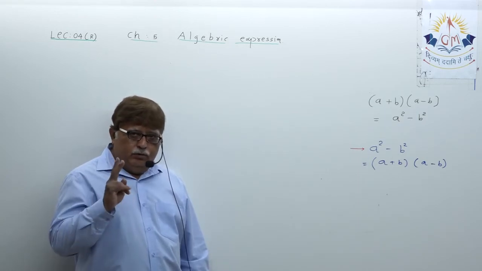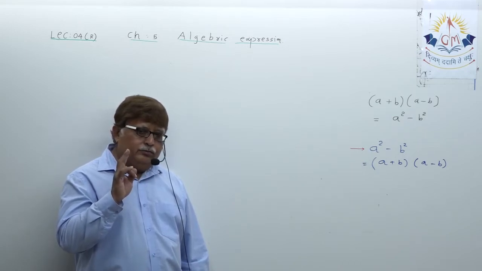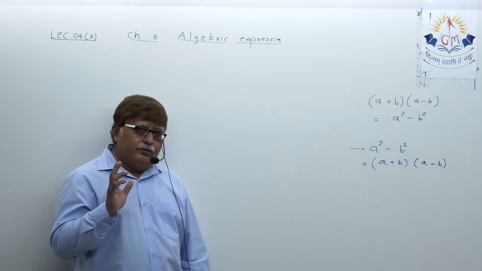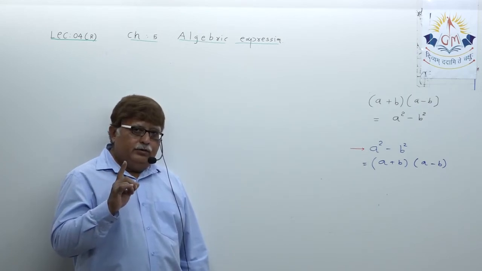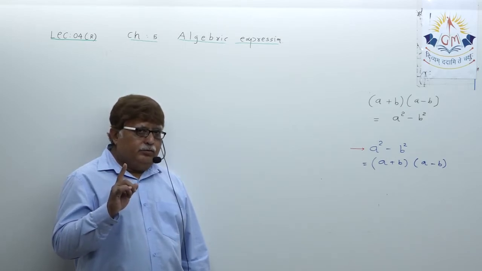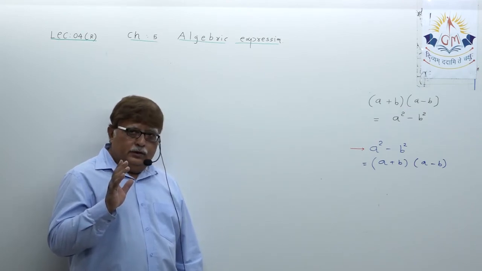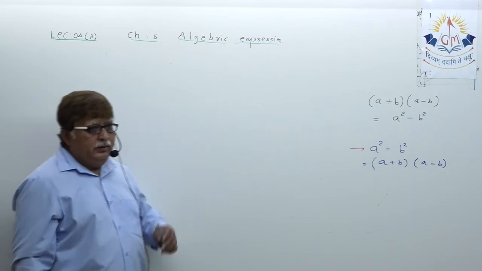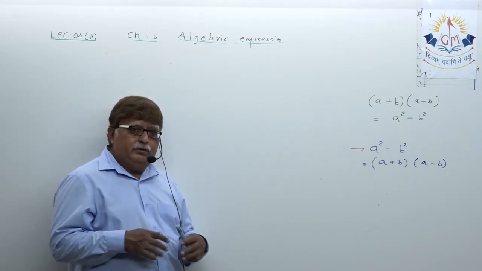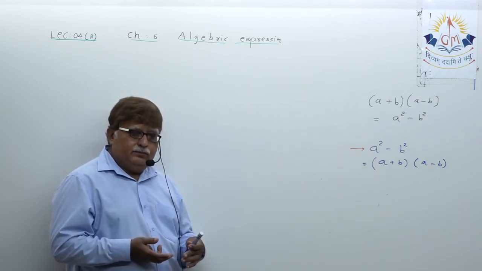Clue point, please keep in mind: two terms, both are perfect squares. Between these two terms there must be a negative sign. I haven't given any SLP here because it's a simple revival.